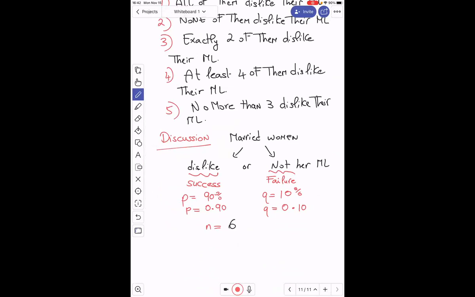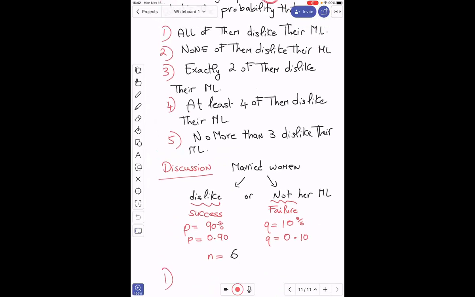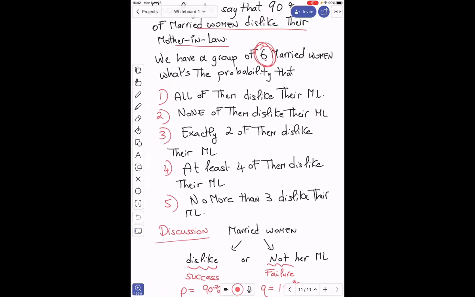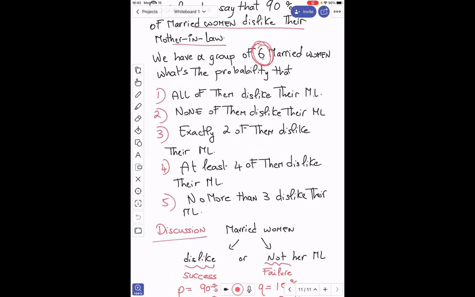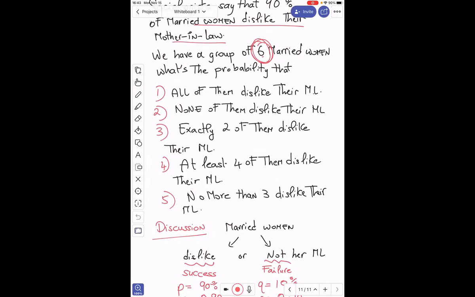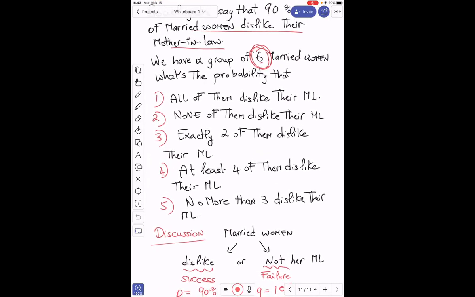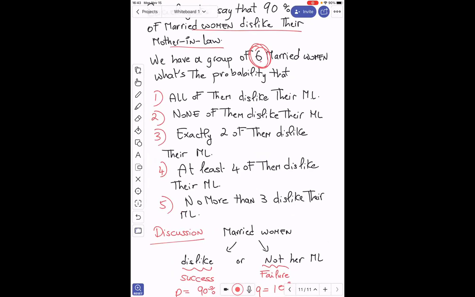All right. Now we can answer the first question. What's the goal in the first question? Remember, in the binomial experiment, the goal is to find the probability of our successes. So how many successes do you need in the first question? All of them dislike their mother-in-law.